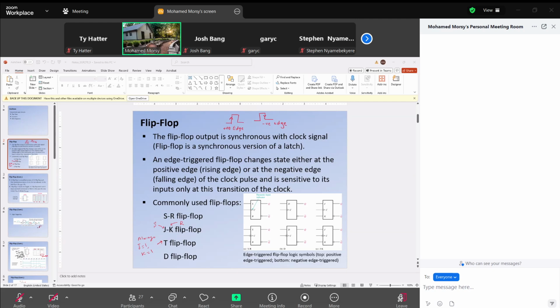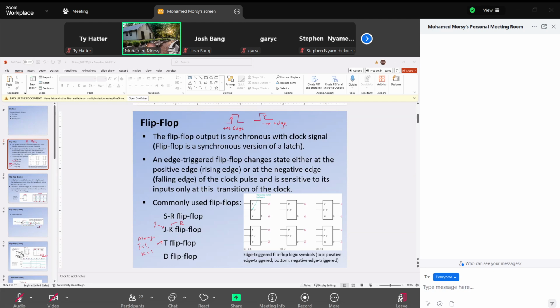Why not allowed? Yeah, we don't know the output. If S equal 1 and R is 1, or both of them high at the same time, we don't know the output. And we will see today in the lab. We did this when we followed the inputs and looked at the outputs.